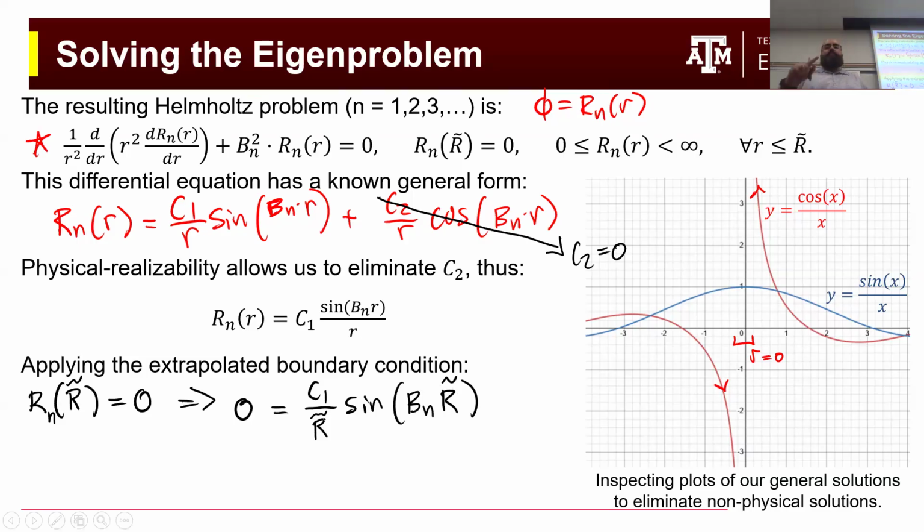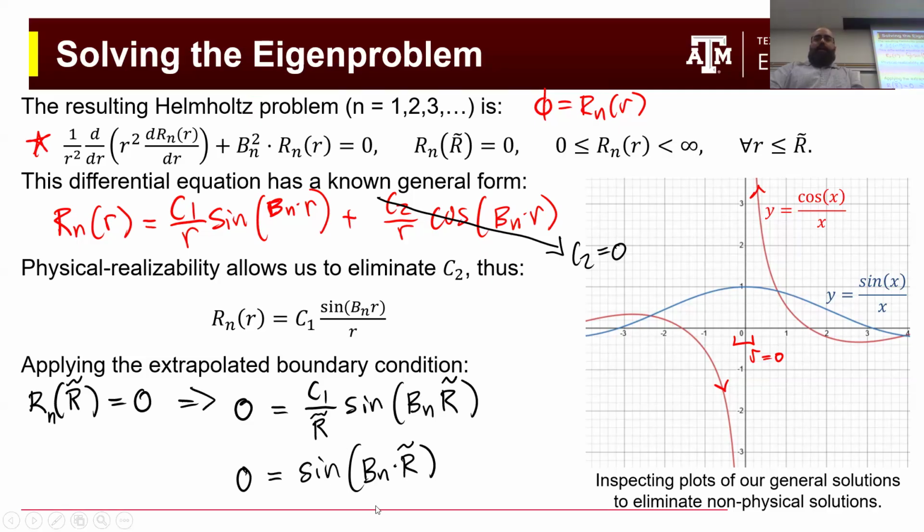So I could multiply both sides by R tilde and divide both sides by C1, and those constants are just going to subtract out. So that means that really what I just have is 0 equals sine of B_n times R tilde.